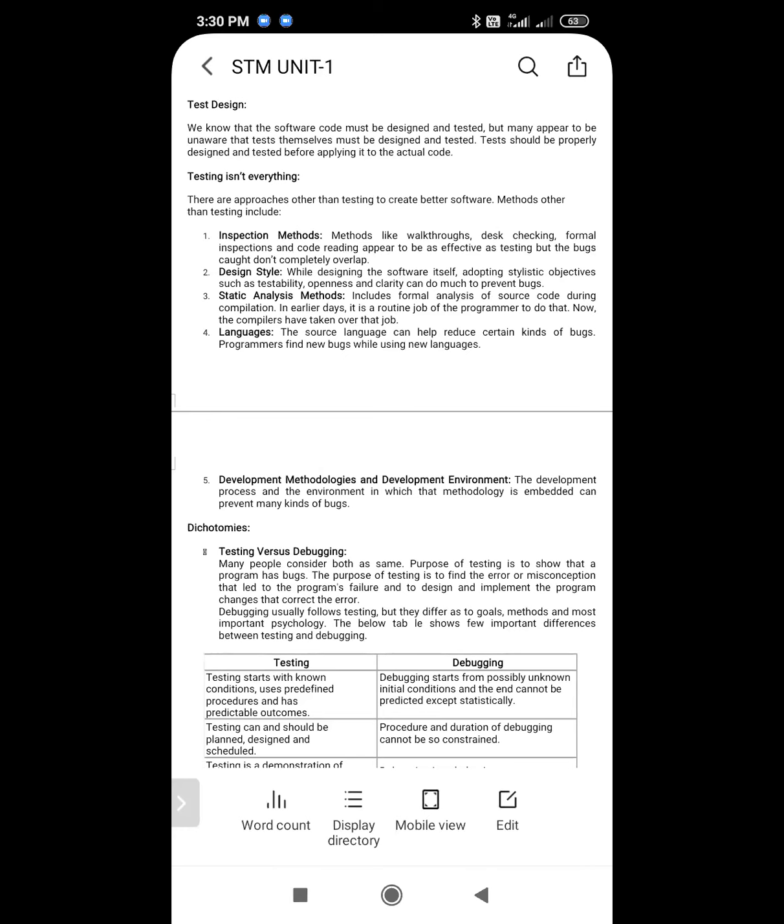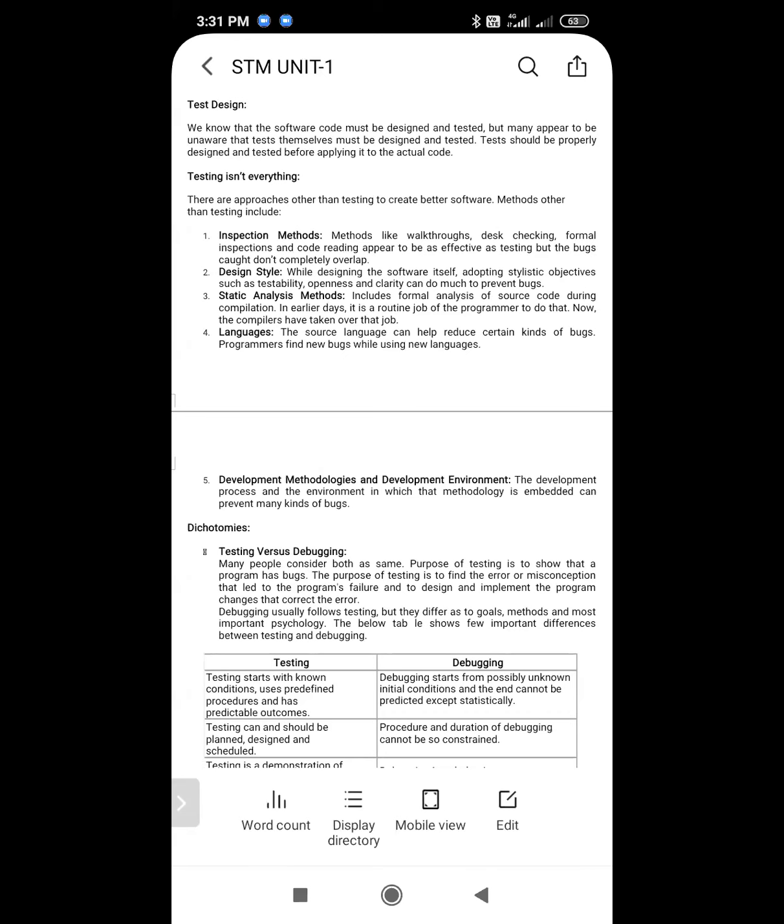Inspection methods means methods like walkthroughs, task checking, formal inspections, and code reading appear to be as effective as testing. And next one is design style. Here in design style, while designing the software itself, adopting stylish objectives such as testability, openness, and clarity. Next one is static analysis method.